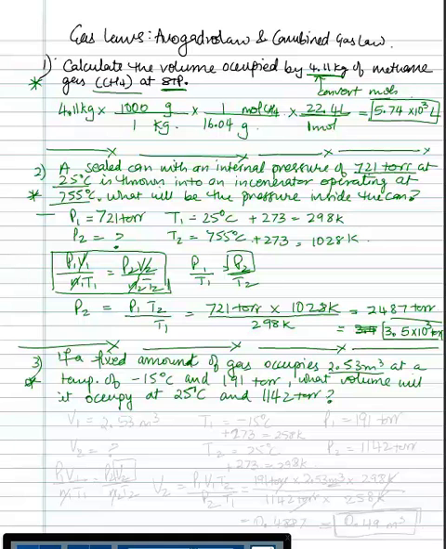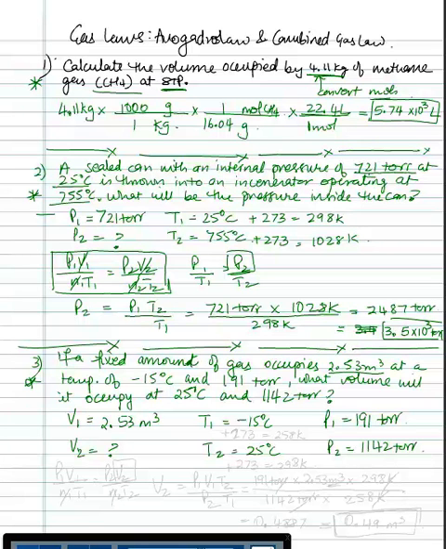So if a fixed amount of gas occupies a volume of 2.53 meter cubed at an initial temperature of minus 15 degrees Celsius and at 191 torr, which is my initial pressure, what volume will it occupy at a temperature of 25 degrees Celsius and a new pressure of 1142 torr?